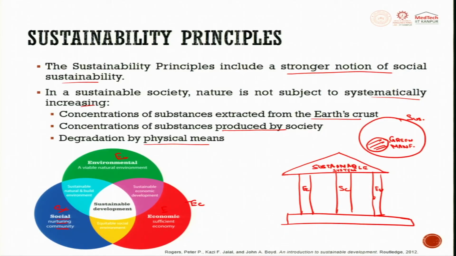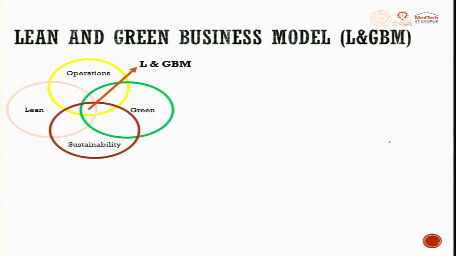So there is a concept known as the lean and green business model, given by Pepperelli. It says that operations, lean, sustainability and green, all of them create lean and green business models. They say in operations one needs to have strategic decisions.